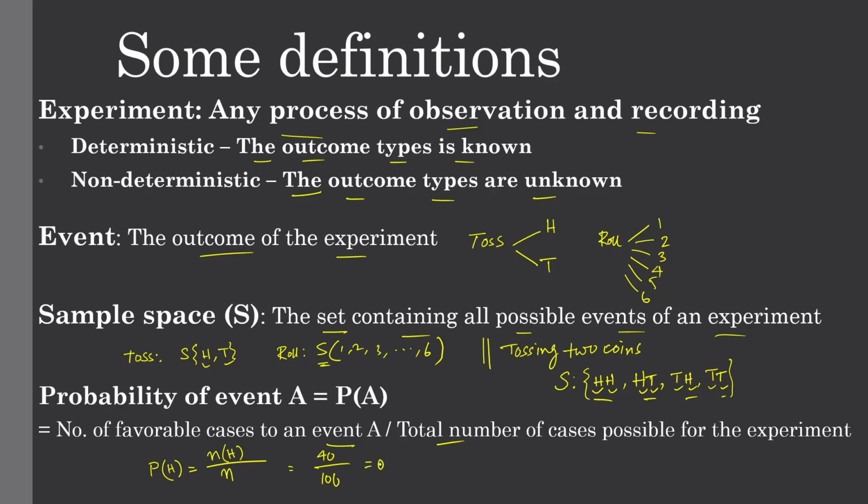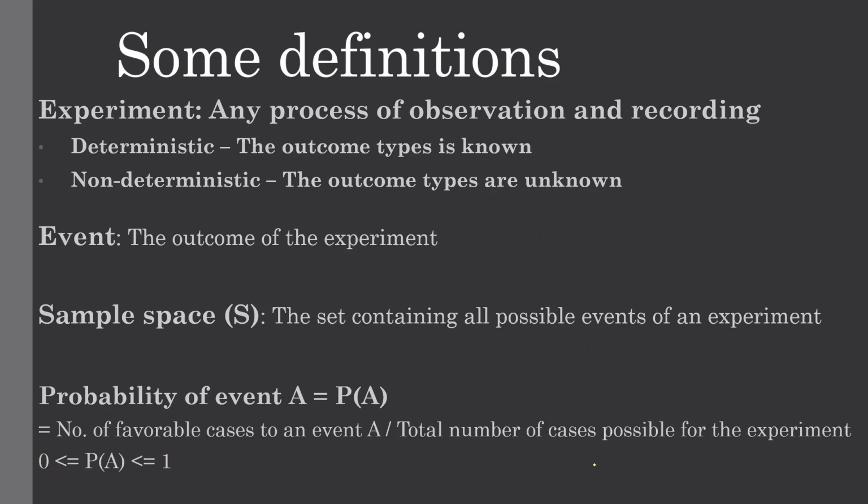Therefore, the probability of heads is 0.4. So pretty simple concepts. I know everyone knows these things, but I just need to mention these in order to explain certain things when we study distributions. And of course, probability cannot be greater than 1 or less than 0. It should always be within 0 and 1, according to the basic definition of probability.